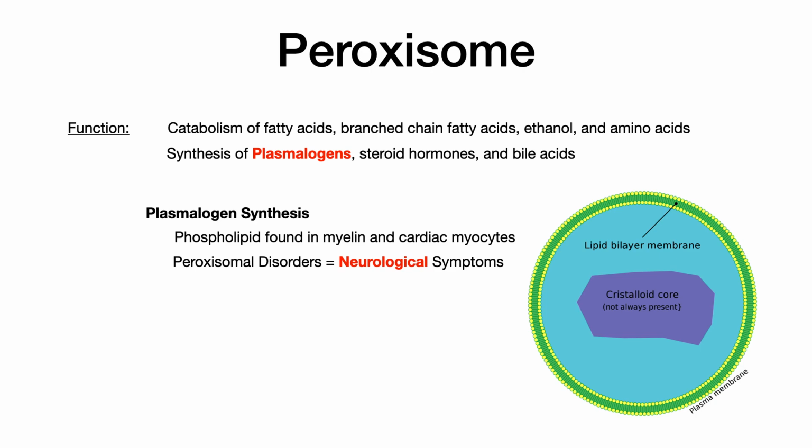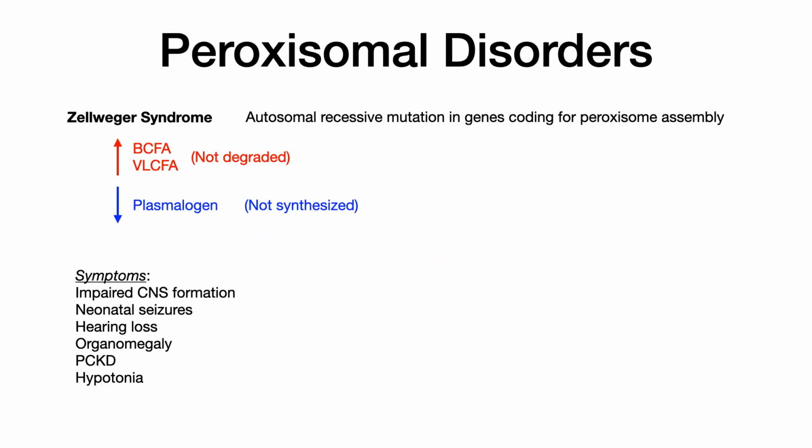So now let's go through some of the peroxisomal diseases. The first that you need to know is Zellweger syndrome. So in Zellweger syndrome, we have an autosomal recessive mutation in the genes that code for peroxisome assembly. So the peroxisome is never assembled correctly, and therefore it can't carry out some of its key functions.